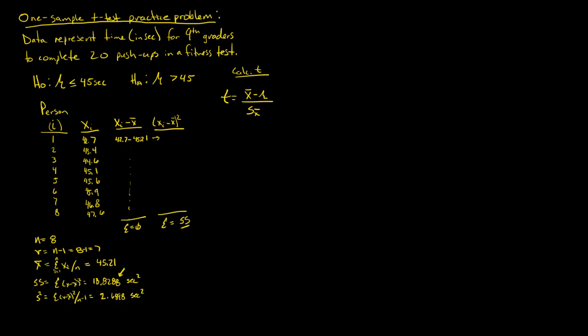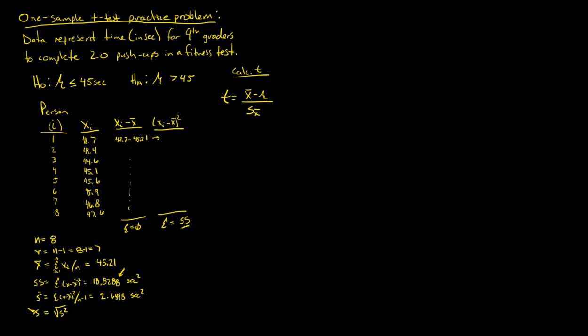You could just go from here and get the actual standard deviation if you want. I'm not going to calculate it, but if you remember, it's just the square root of s squared. But we don't need this value.